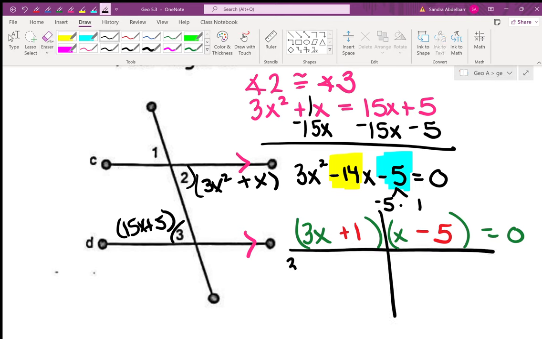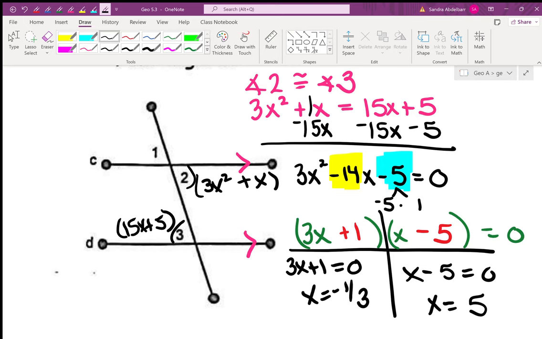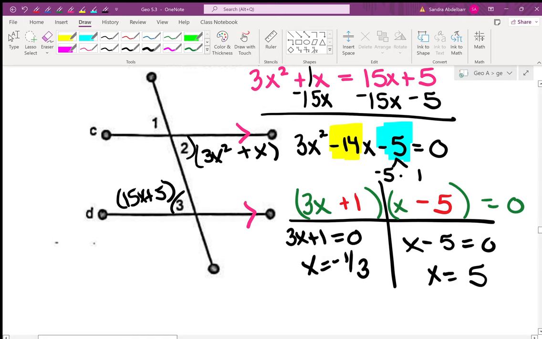So I'm going to say 3x plus 1 equals 0, x minus 5 equals 0, x will equal negative 1/3, x will equal 5. All right, when I plug in that negative 1/3, you end up with 15 times negative 1/3 plus 5.